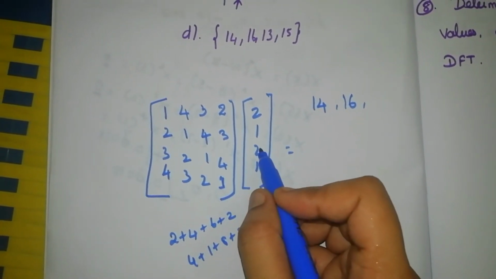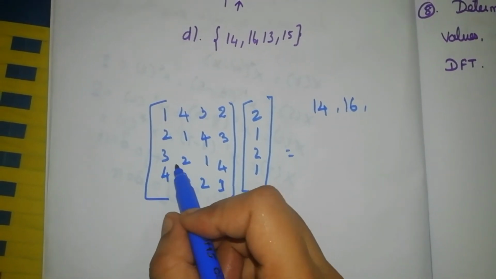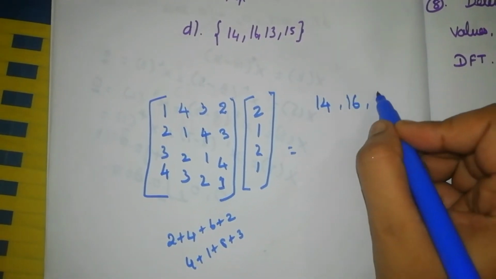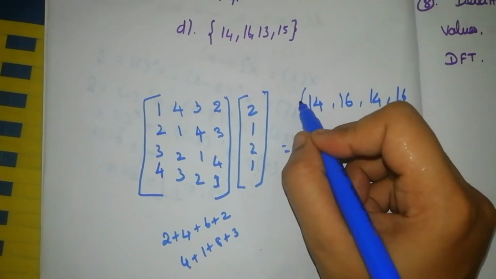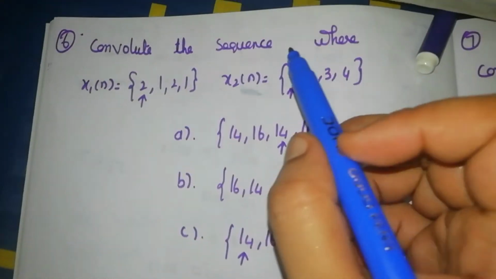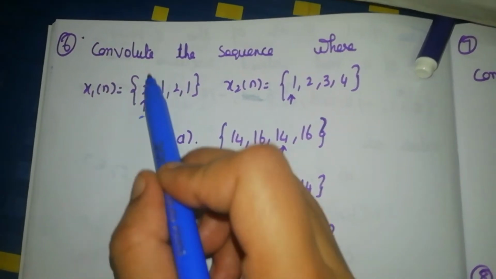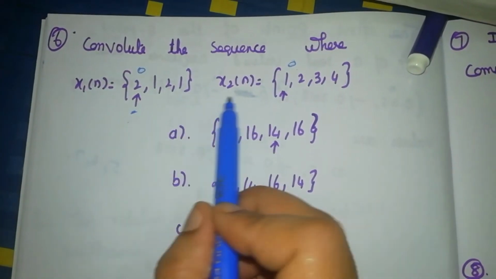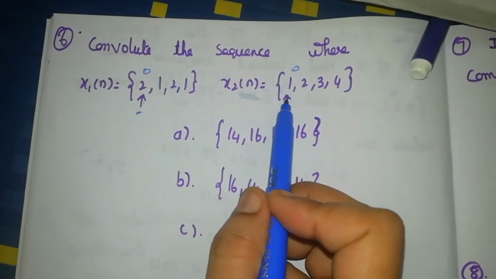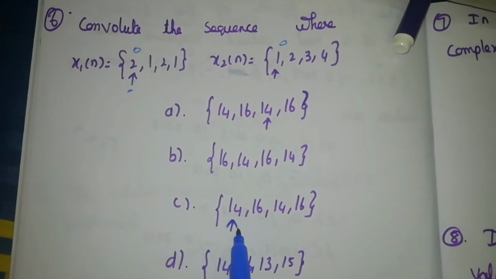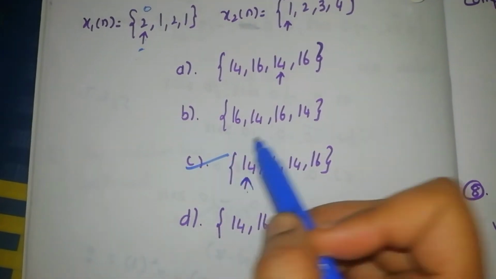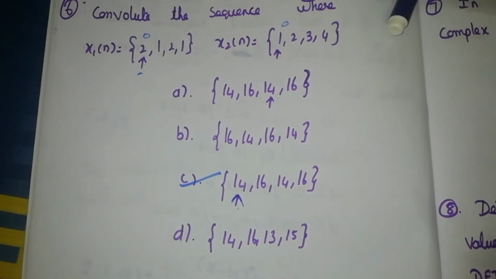And the remaining also give 14 and 16, with the same sequence. Both sequences start at point 0, so we will get the answer in C. So answer here is C.